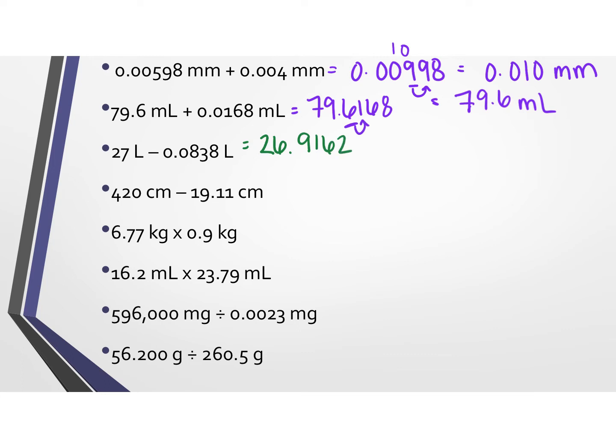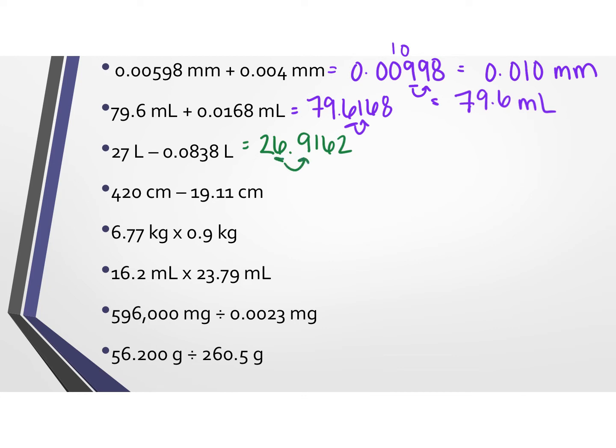Thank you. All right, we are subtracting. Are we counting sig figs or decimal places? Okay, decimal places. 27, does it have any decimals? Okay, do I even need to look at this number, or what do I automatically know? Okay, I know my answer can't have any decimals, so I don't even have to spend any more time looking over here. So that means my answer has to end in the ones place.